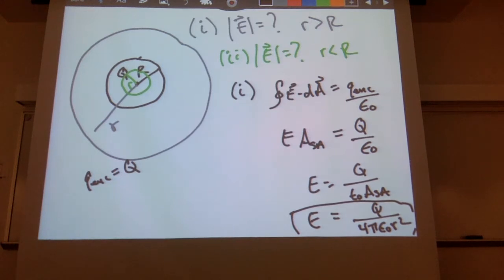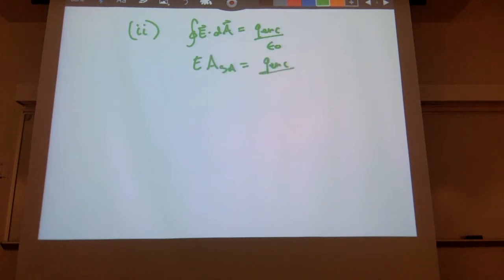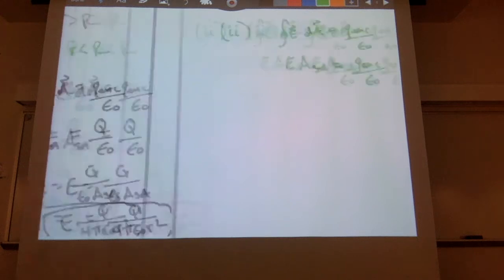Now, let's do 2. So 2, again, we have the same thing. We have the integral of E dot dA is equal to Q enclosed divided by epsilon naught. The left-hand side is simply going to become E times the surface area is then equal to Q enclosed divided by epsilon naught. Everybody's okay with that?